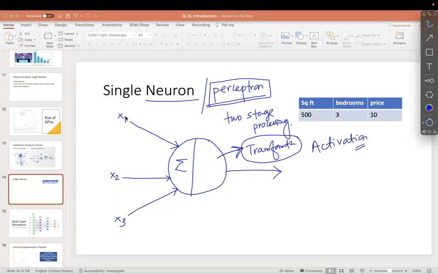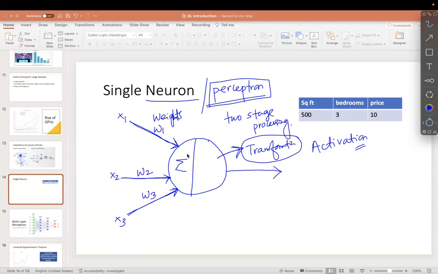All these signals coming from the other neurons don't arrive in their original form or original strength. They get moderated by something called weights. So the x1 signal is moderated by the W1 weight, x2 by the W2 weight, and x3 by the W3 weight.